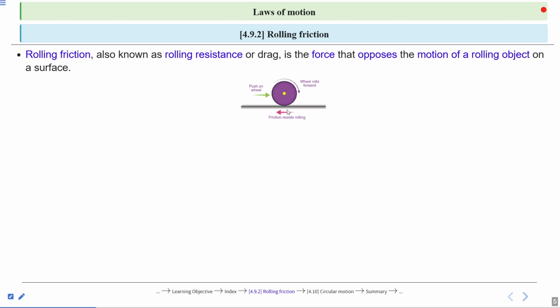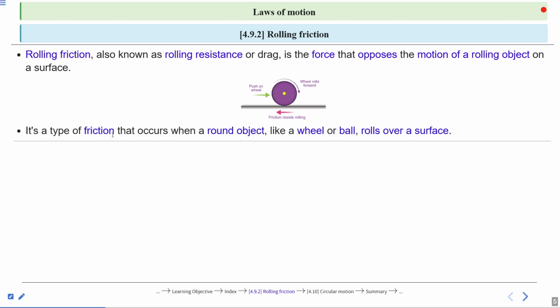Friction resists the rolling, and opposes the motion of the wheel. So this type of motion is rolling motion, and the friction acting here is known as rolling friction.